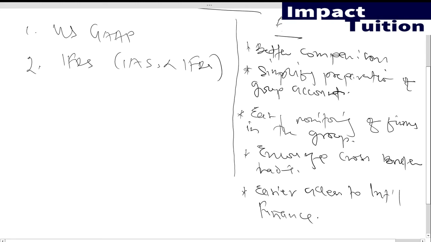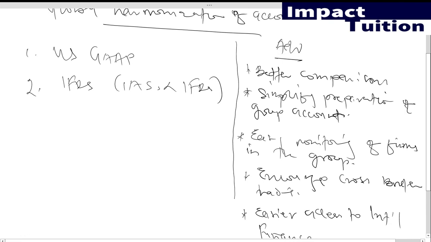Okay, so these are the advantages of convergence: better comparison of performance, simplified preparation of group accounts. Convergence will help management monitor firms within the group.